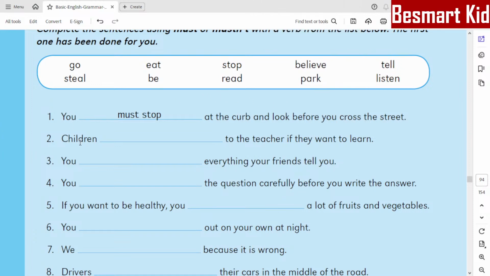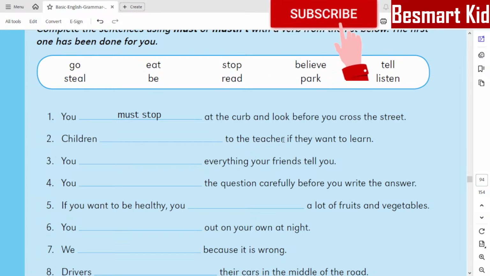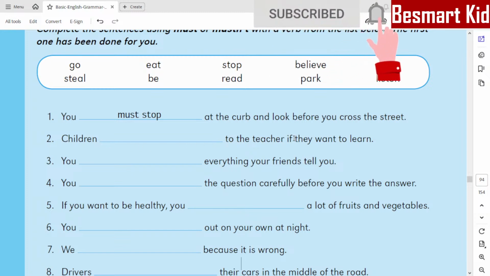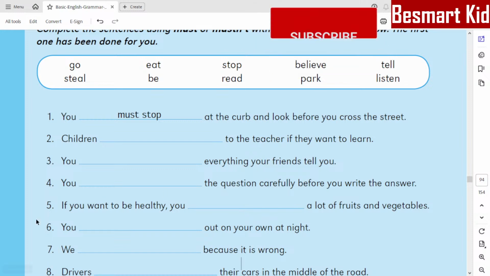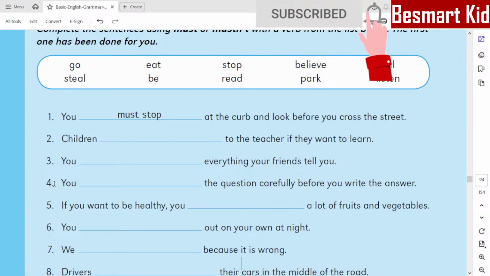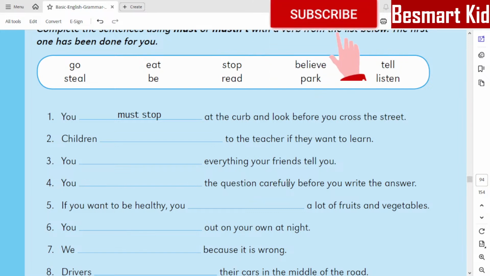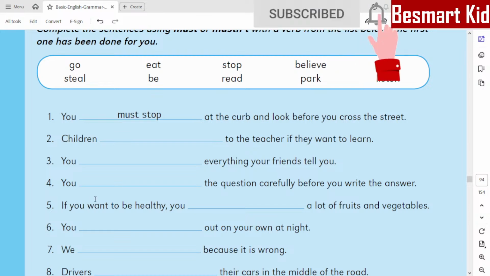Second, children dash to the teacher if they want to learn. Third, you dash everything your friends tell you. Fourth, you dash the question careful before you write the answer.